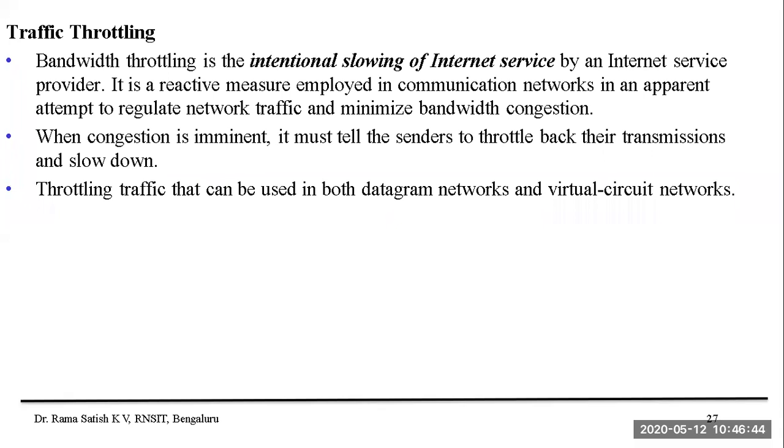Traffic throttling is another solution, and it is being followed in our mobile networks even today. If more people are using, the routers will reduce speed automatically. The same speed you will never get. If the number of users is less, the routers will scale up, so you will get very good bandwidth, very good speed, so that you can enjoy transmission on a high-speed network.